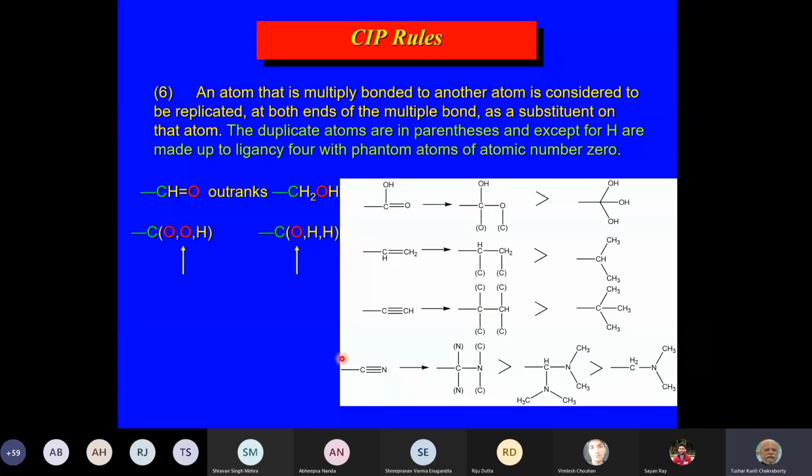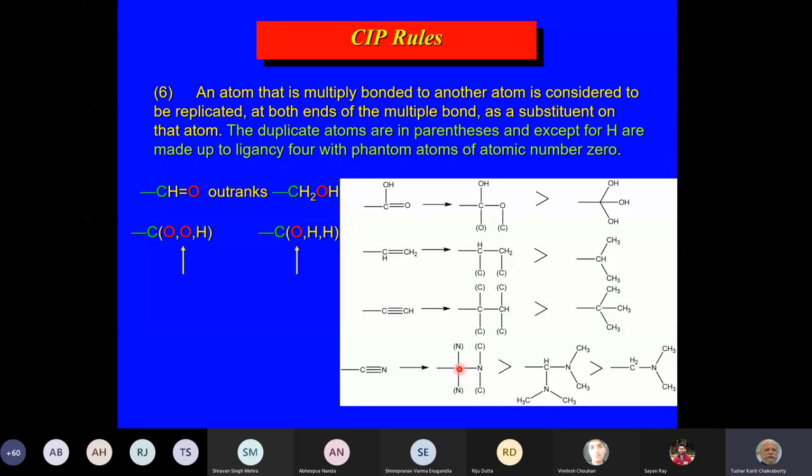And last example is nitrile group, C triple bond nitrogen. So same as in acetylene, carbon attached to one nitrogen, carbon attached to another nitrogen, carbon attached to one nitrogen, and this nitrogen is attached to one carbon, and this nitrogen attached to another carbon.